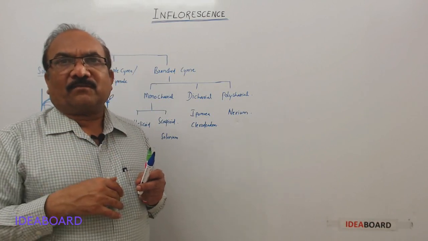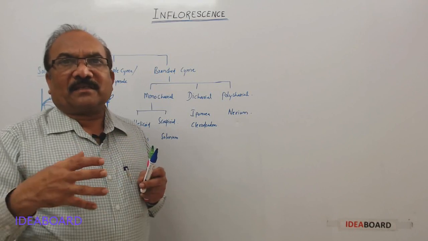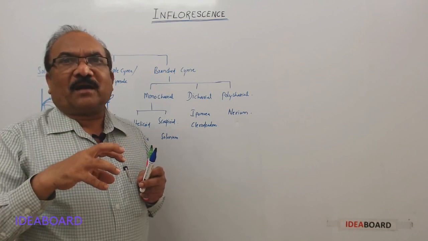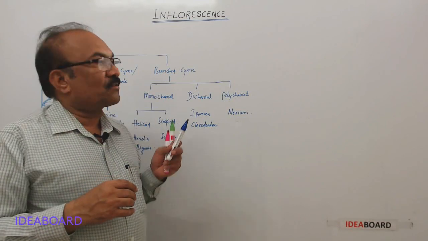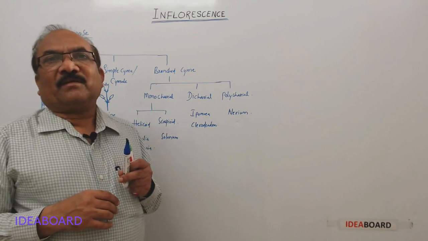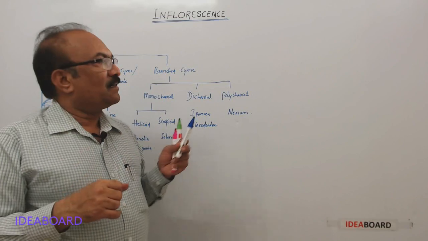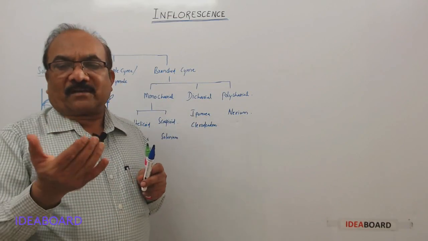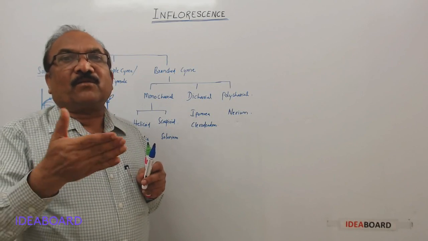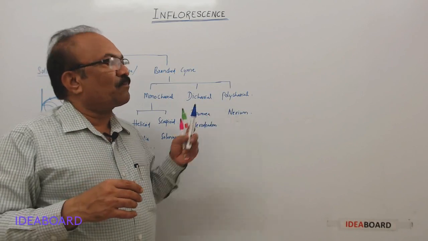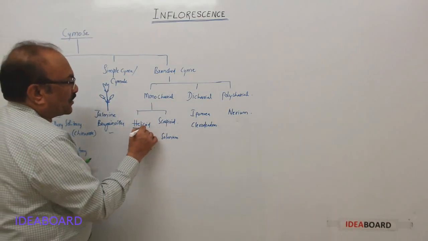And when we come to the branched cymes, after termination of the peduncle with a flower, if one branch is formed which again terminates with a flower, and again produces one branch, and it continues like that, producing a single branch each time, it is called monochasial cyme. If after termination of the flower it produces two branches, then dichasial cyme. And if more than two branches are formed, it is called polychasial cyme. The monochasial cyme is based on direction.